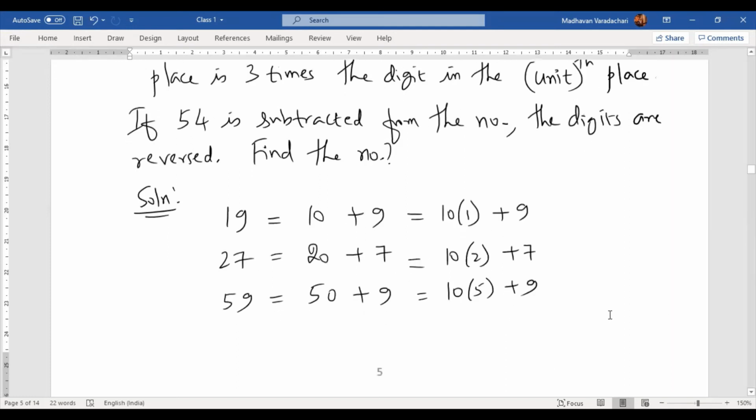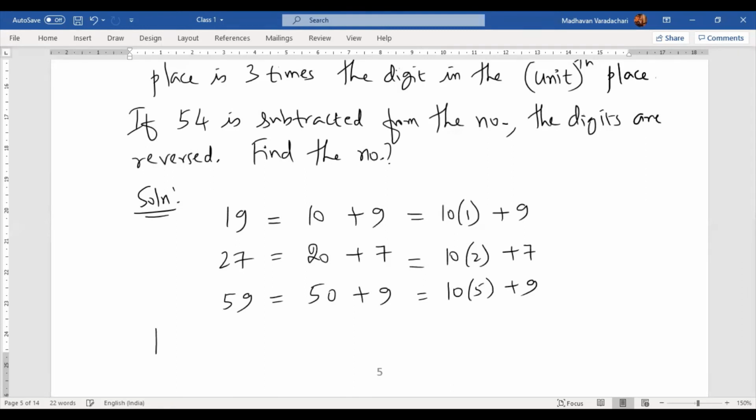Right? So you may notice any two-digit number will have this 10 as constant, but whatever I wrote within brackets, that is a variable. Whatever is getting added is also a variable, whereas 10 is a constant.